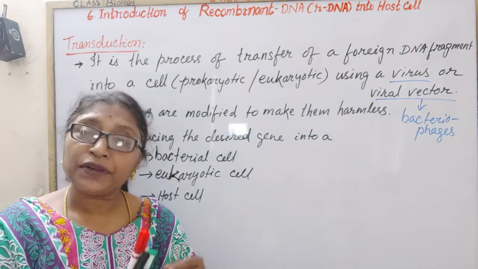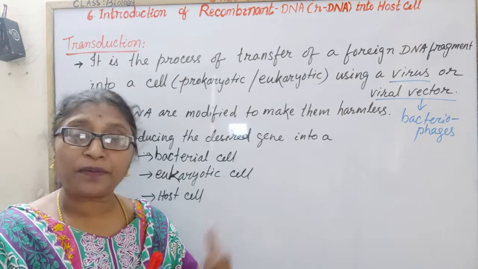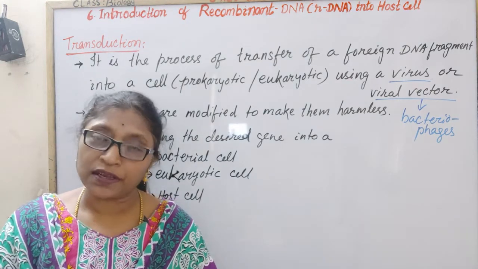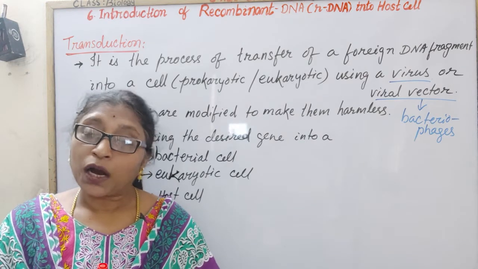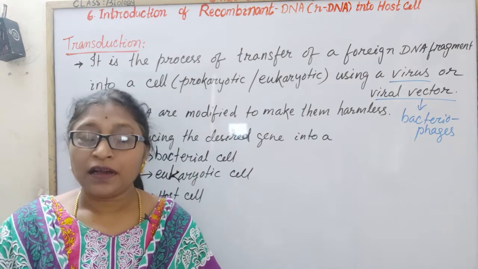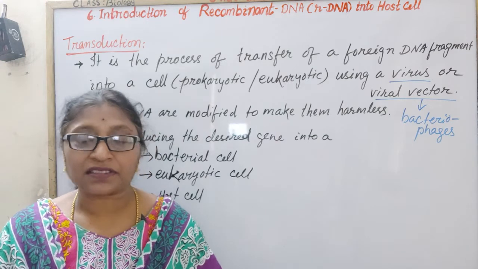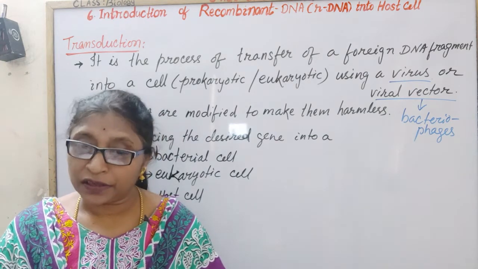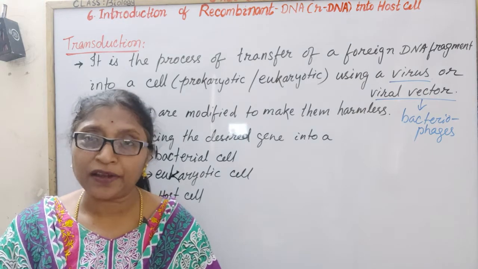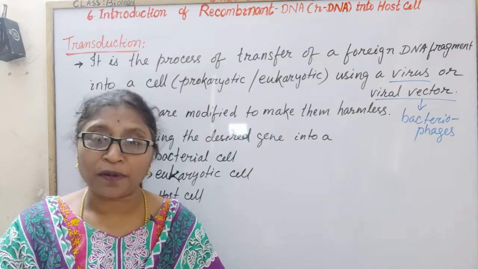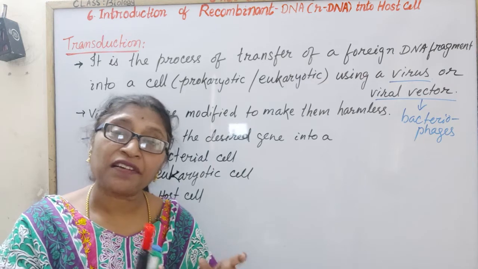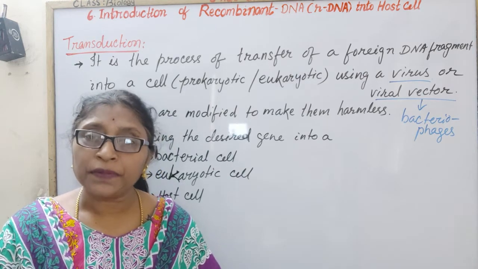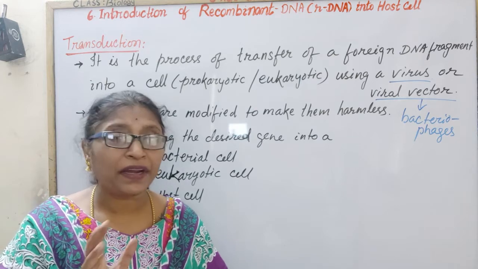But while introducing, these are the methods for introduction of the naked DNA, where we introduce the recombinant DNA. How to do screening and selection of the recombinant plasmids or recombinant DNA, or the transformants, the cells which are transformed, which have already taken up the recombinant DNAs.